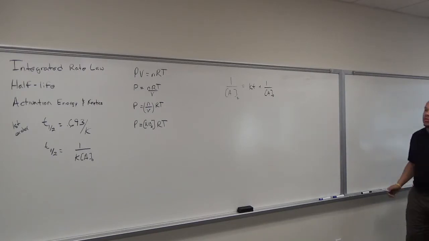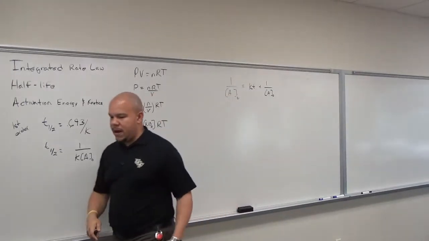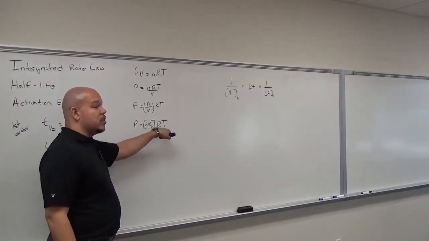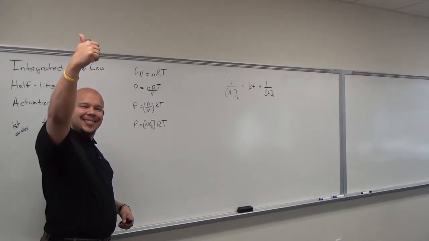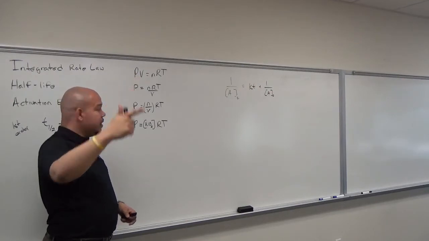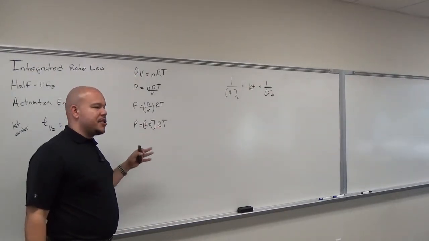I'm using NO2 in my example, but pressure is equal to the concentration times RT. If the gas constant is a constant and the temperature is not changing, then these are directly proportional, right? They are equal, as long as we're not changing temperature.